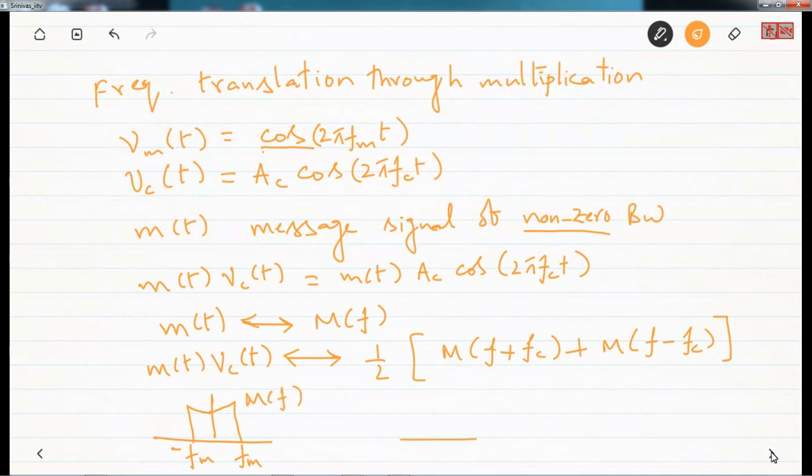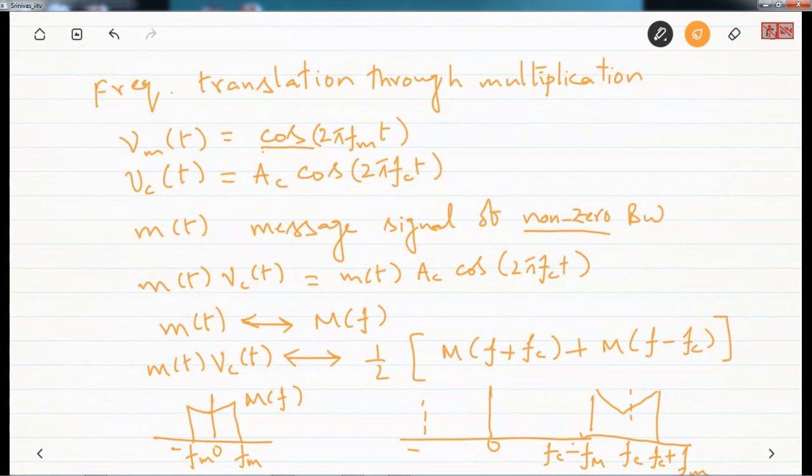By multiplying, we translated that to, say, this is fc, this is fc plus fm, this is fc minus fm. Similarly here, minus fc, and then we have this.